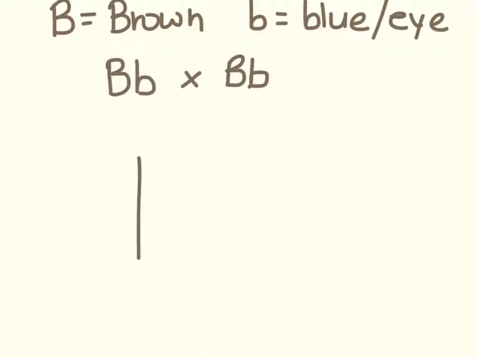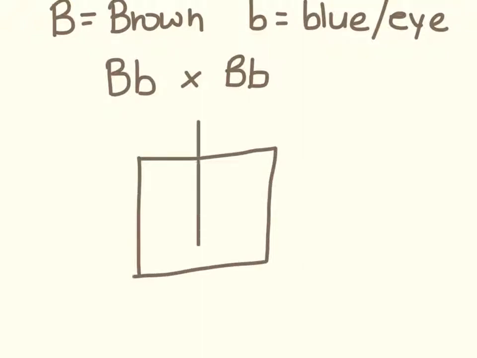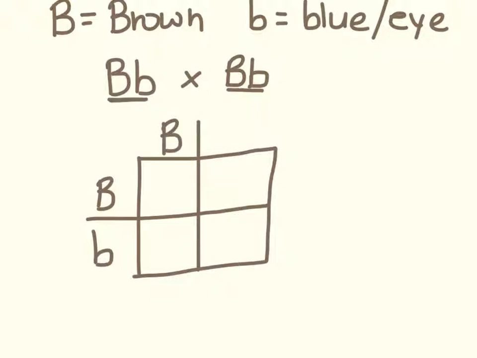So now we make our Punnett square, and we will place the capital B and lowercase b, because this represents one parent's potential gametes, and then we will do the top for the second one, which will also be capital B lowercase b.